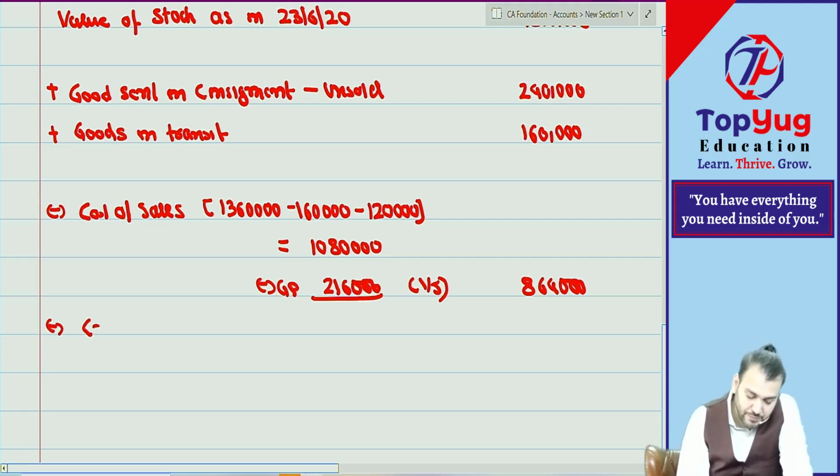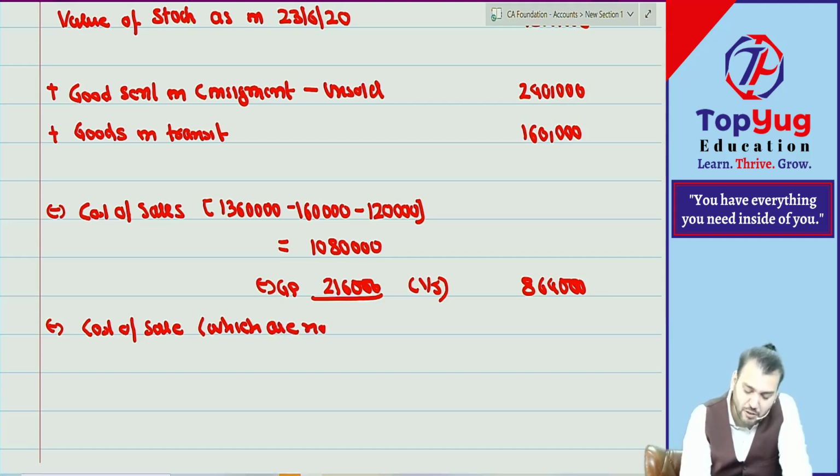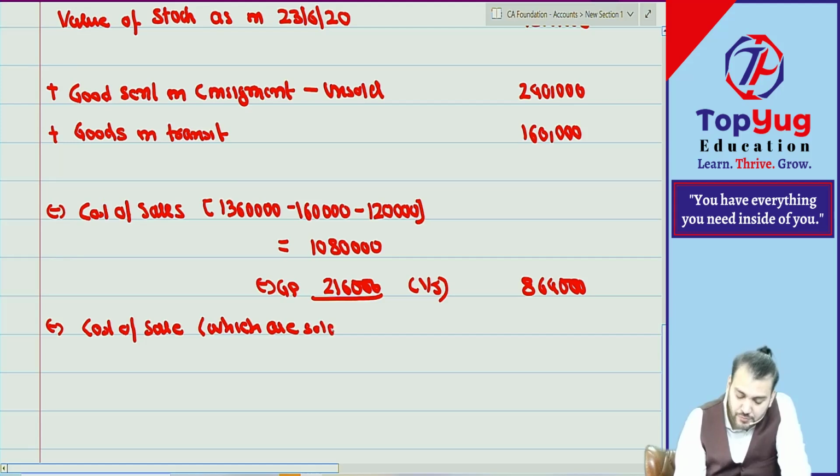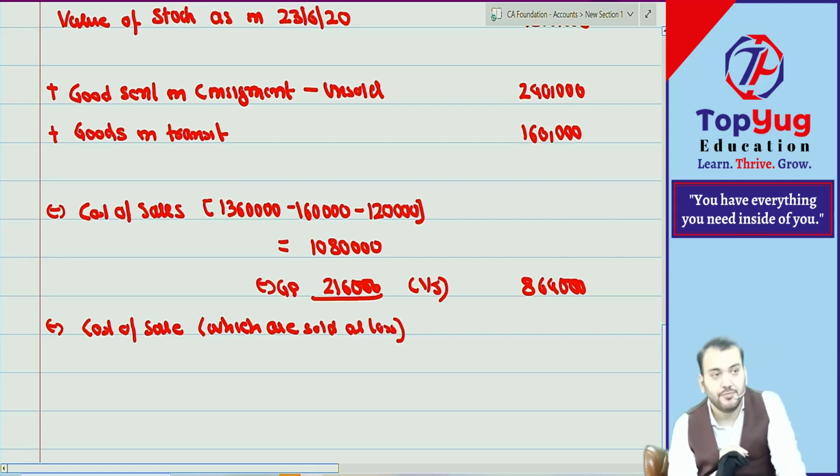Then minus cost of sales which are sold at loss. Are you getting what I am saying? There are some goods which are sold at loss. Have you understood what I am doing? So what is the cost of sale?